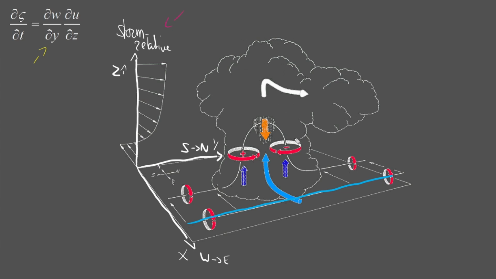You can see this here by the clockwise rotations on the left side, or the south side rather. Vorticity here is positive. Okay, so this is what our tube looks like, because the tube lifts this horizontal vorticity into the vertical, which is exactly what we have been discussing up until now.